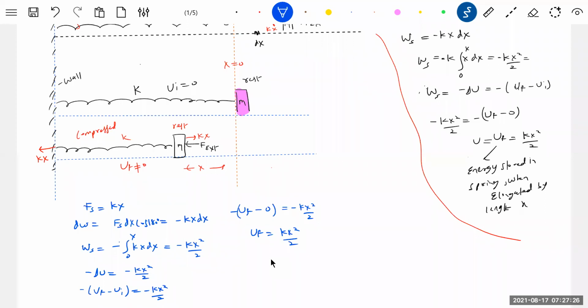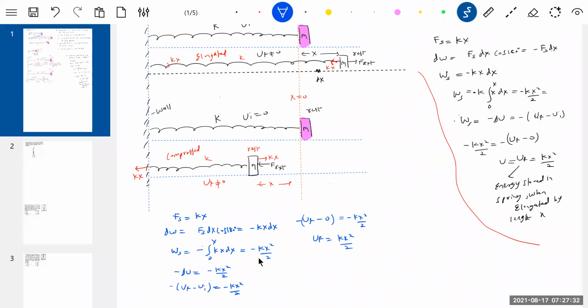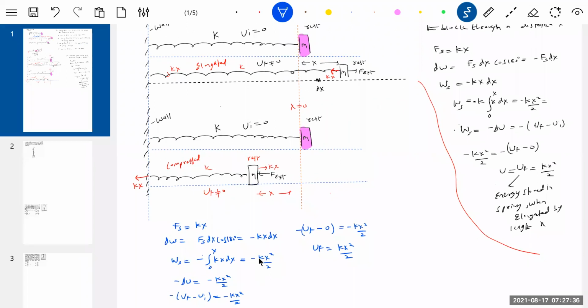So whether you elongate or compress, when the spring force does negative work, the potential energy of the spring will increase. That's what I wanted to tell you here now. So in every problem, what is x here now? x is the compression, or energy stored in the spring when compressed by a distance x.